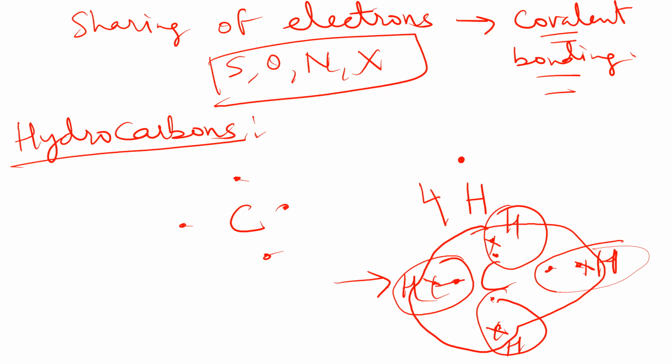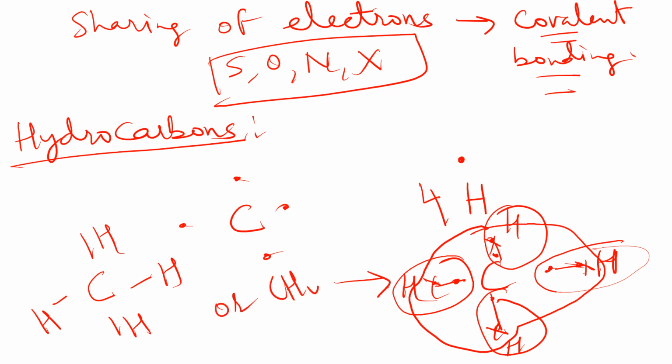This bond is called a covalent bond, that is, sharing of electrons. So carbon forms the simplest hydrocarbon, CH4, which is methane.